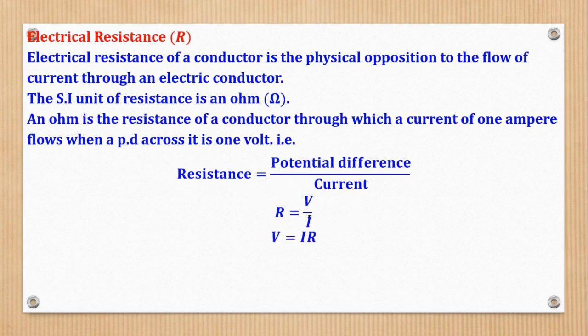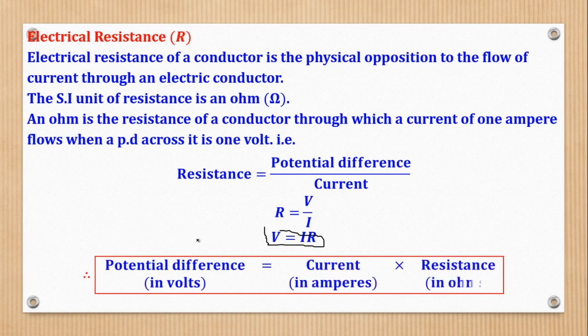Now if I rearrange, take this on this side, I'll come up with V equal to IR. So this expression is very, very vital. Previously we saw that Q is equal to IT. Now we have seen that V is equal to IR.